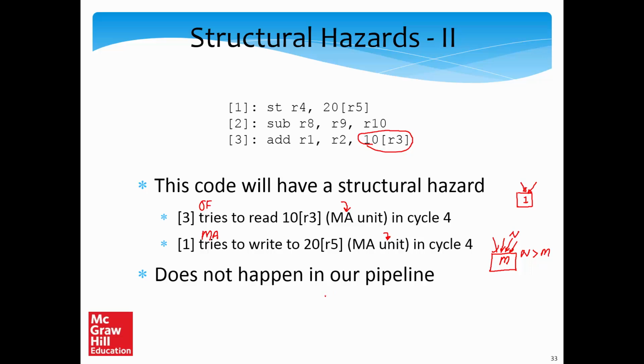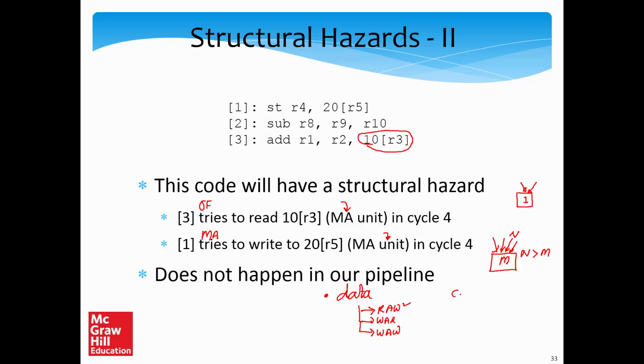To summarize, the three kinds of hazards are, once again, data hazards. Data hazards again are of three kinds: read after write, write after read, and write after write. In our pipeline, only the read after write hazard will happen; the other two will not.